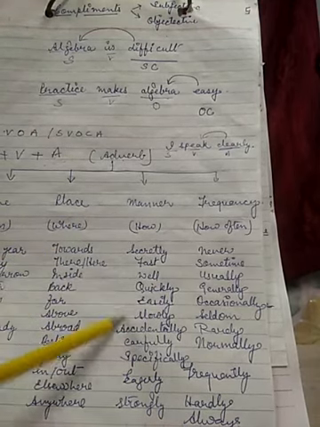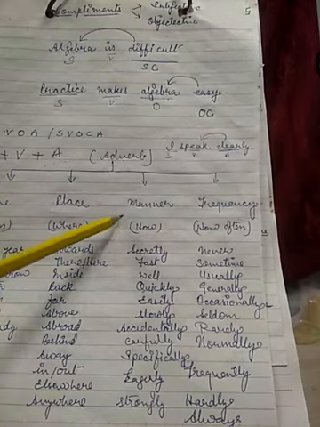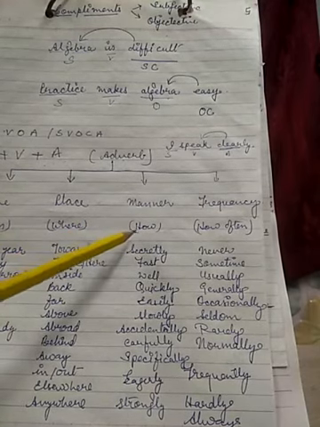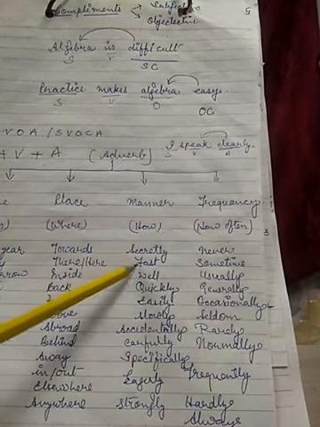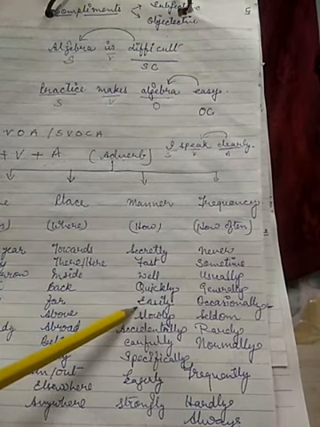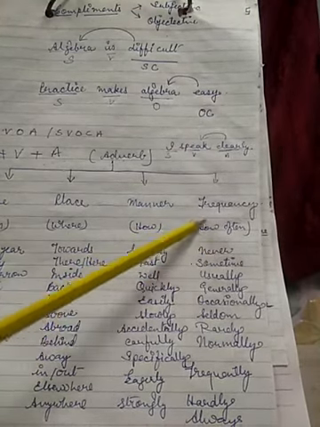Adverb of manner: when you ask the question to yourself, how, then the answer you find will be an adverb of manner, like secretly, fast, well, quickly, easily. And adverb of frequency is what? How often.